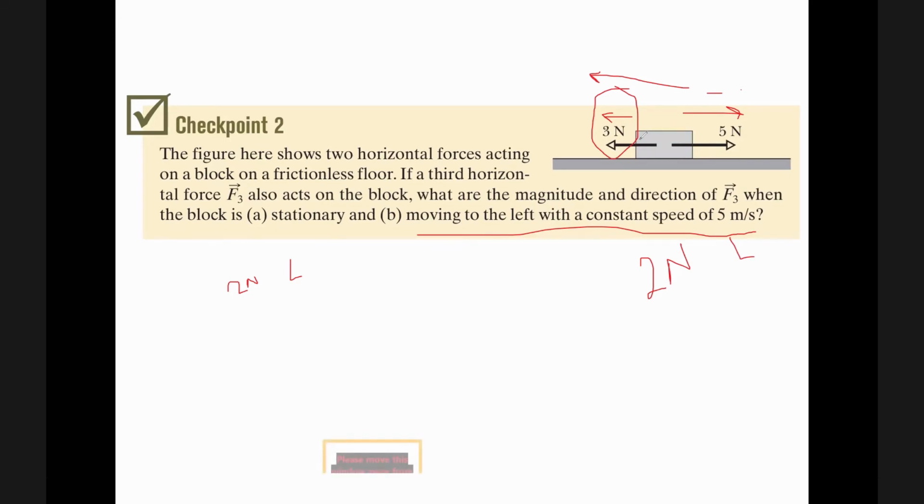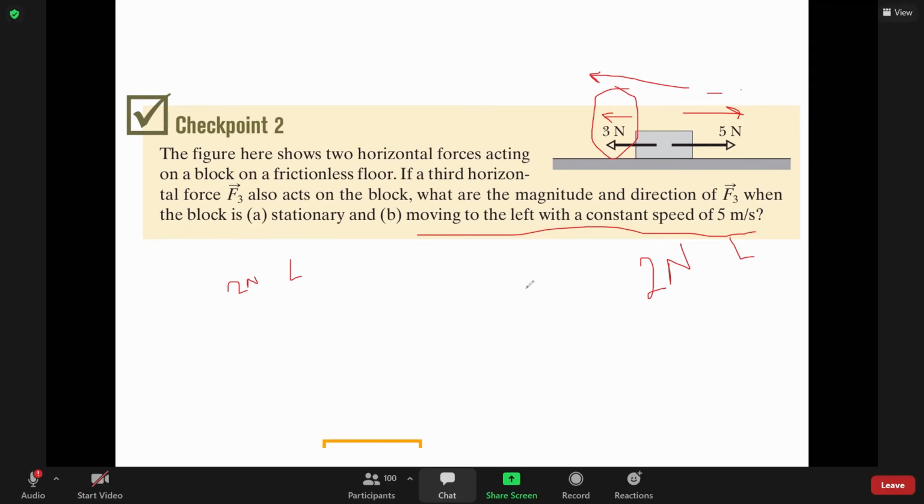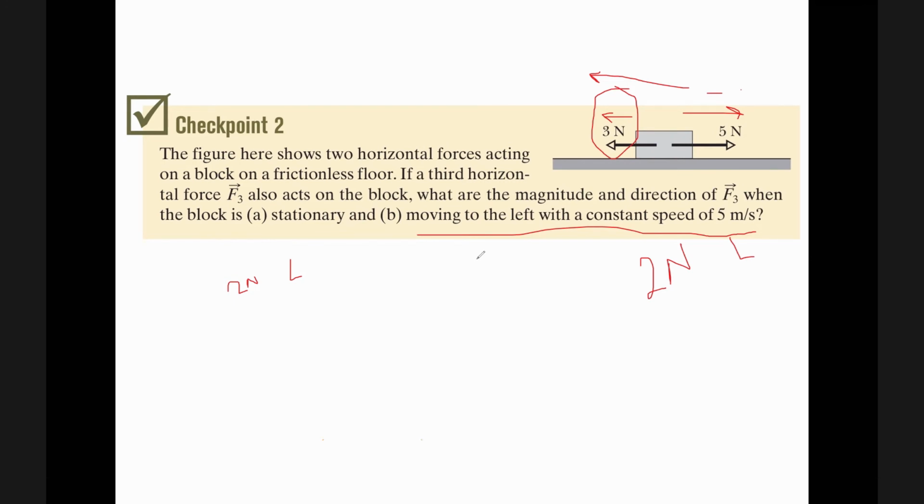But we are now saying we want to make a change so that the object is moving to the left with constant speed. Yes, naturally without us intervening, I have net force to the right, meaning net acceleration to the right, your statement is correct. But he said I want you to add a third horizontal force to make the acceleration 0 in both cases, A and B. Okay, thank you.